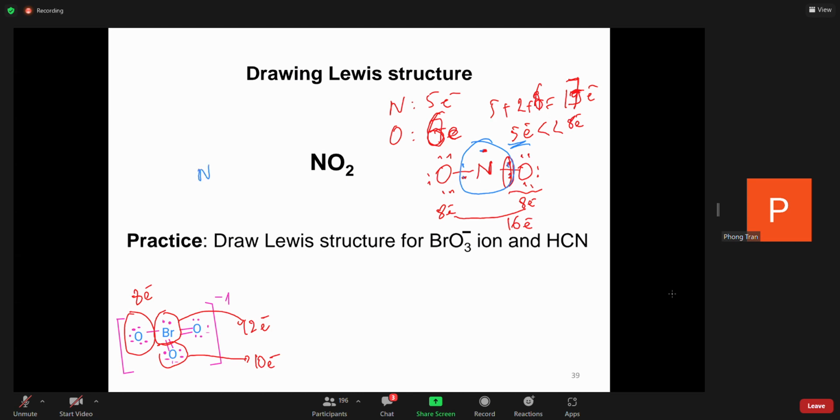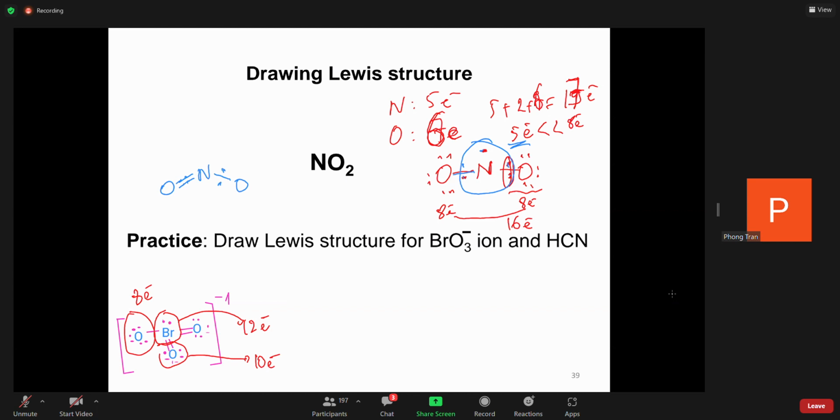You put nitrogen in the center, and instead of making one single bond, you make a double bond here and one single bond here. Remember? Here, with a double bond, you already have 4 electrons, and a single bond, you have 2 electrons. Now you need to satisfy the octet of each oxygen.